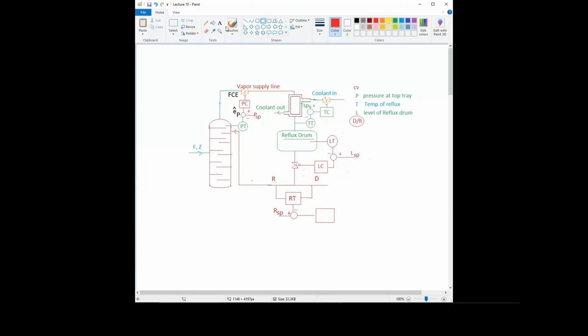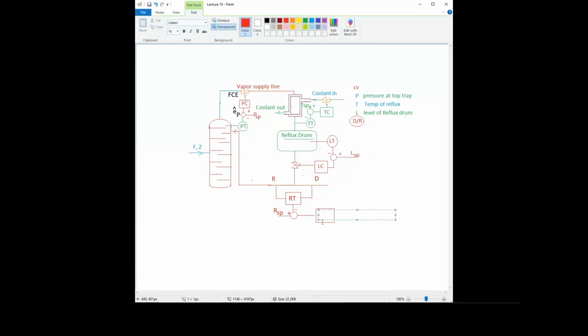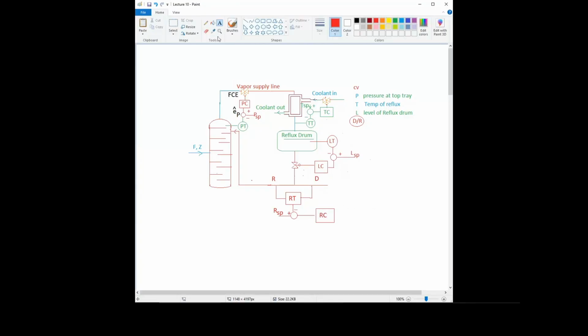So this is the ratio controller, right? And then the ratio controller will give the control signal, and the control signal will be given to the valve, the final control element, right?